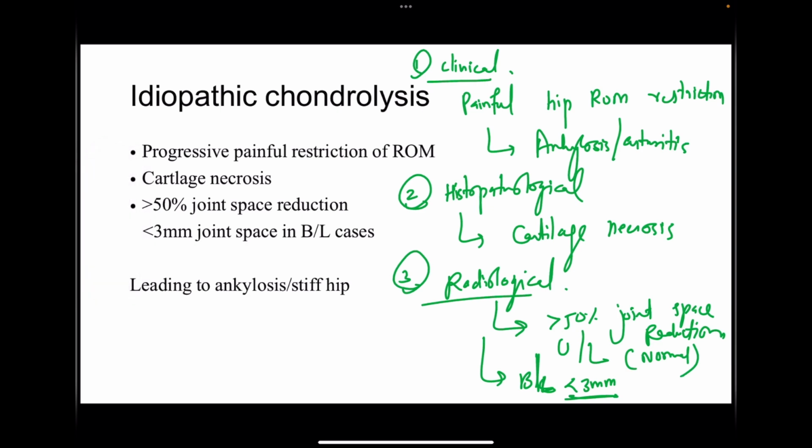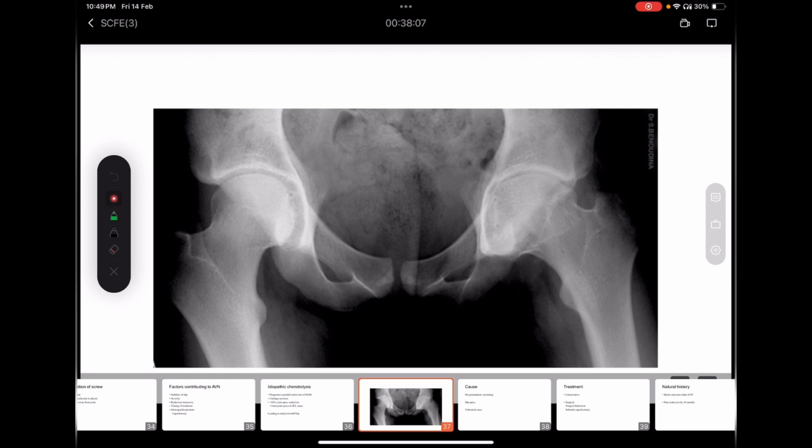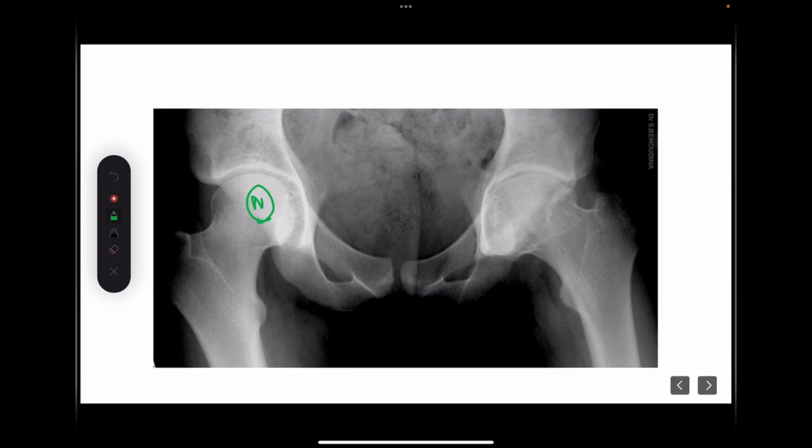So how does idiopathic chondrolysis look on X-ray? You can see very well that this is the normal side where a smooth symmetrical joint space is present. But on this side, you can very well see the joint space is reduced, obviously less than 50% as compared to the normal side. The child is definitely having a painful hip.